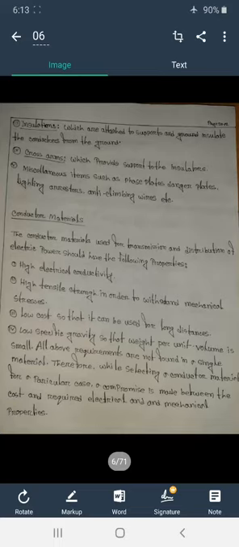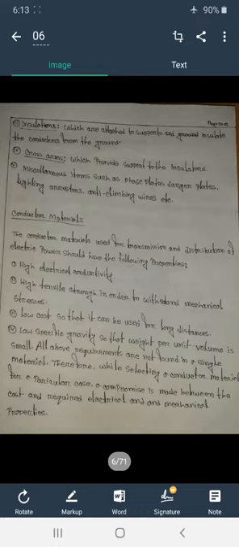Conductor materials used for transmission and distribution of electric power should have the following properties: high electrical conductivity, high tensile strength to withstand mechanical stress, low cost so it can be used over long distances, and low specific gravity so that the weight per unit volume is small.